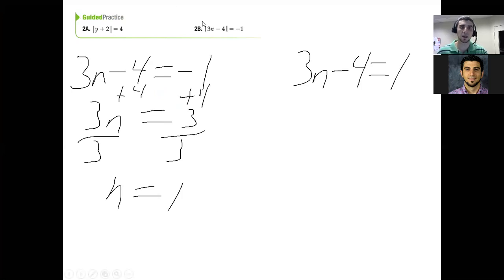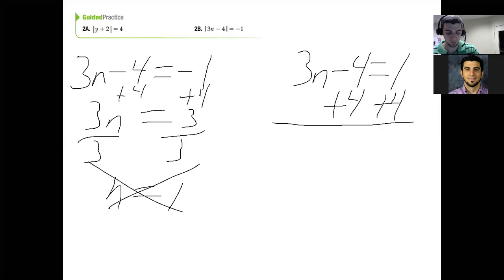Now if I put n equals 1 in here, I'd get 3 times 1 is 3, minus 4 is negative 1, but absolute value of that is positive 1. So that didn't work. Even if you did it and you checked, you'd get an answer that didn't work.